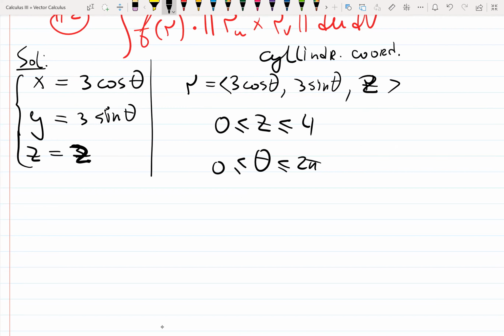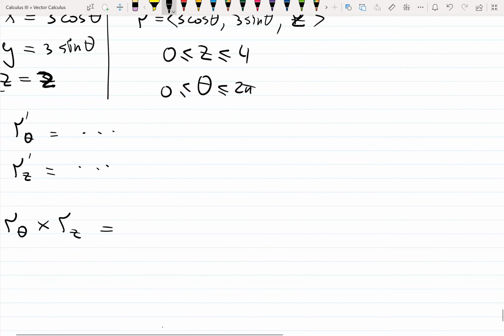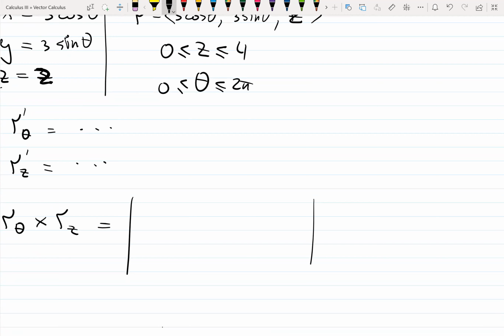And we need to find r with respect to u, that's with respect to theta, r with respect to v, v is z. Each derivative, maybe to save time, start writing down the cross product right away. That would be smart, right? So instead of doing this, maybe let's write down r with respect to theta, cross product r with respect to z right away. And then we find the magnitude of that. So I know it's going to be i j k, right?